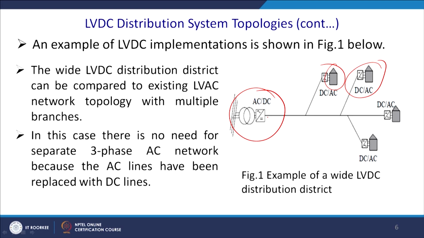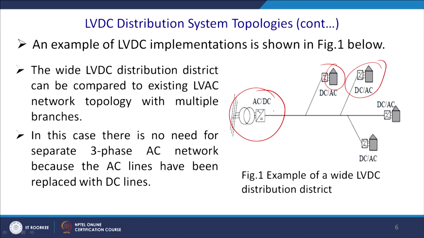One aspect is that it has a predominantly inductive load, and at multiple points you do not have a problem in the grid, that is, the power quality has been addressed here. So, there is no power quality problem because at the entry point of AC to DC you ensure that THD and the power factor are good. So, the wide LVDC distribution district can be compared with the existing low voltage AC network branch topology with multiple branches. In this case, there is no need for a separate 3-phase network because the AC lines have been replaced by the DC lines.